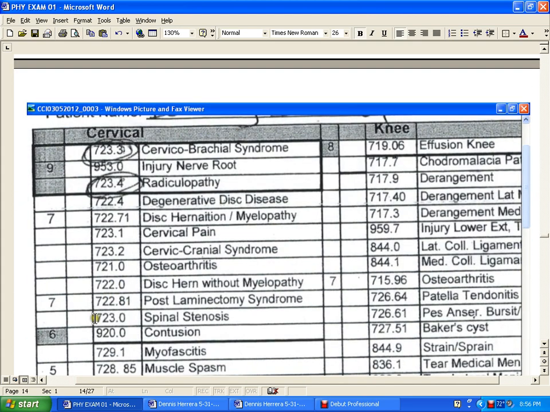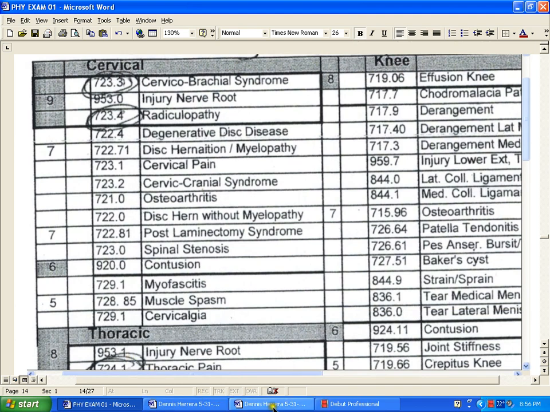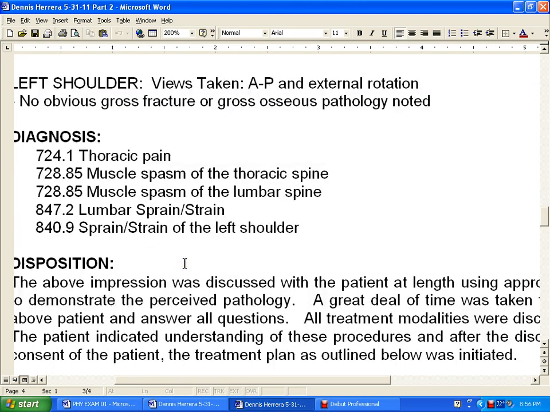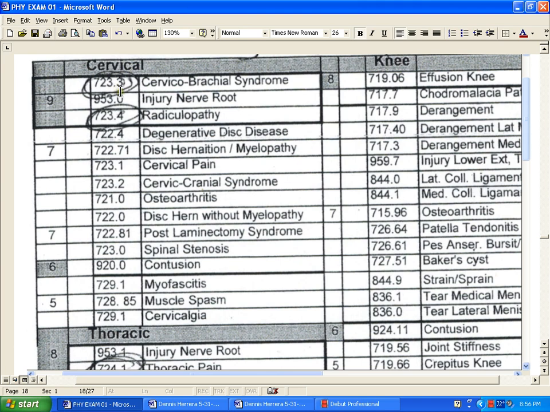This one is the diagnosis page, and the doctor circles all the things for the diagnosis, and we have to complete it with, in the template it has diagnosis, colon, and then you just have to put the number, and the number is always circled, like I'll show you here, 723.3, and then you would put cervico-brachial syndrome, and then the next line you would hit enter, so they'll keep it all aligned in there, you would put 723.5 cervical radiculopathy.